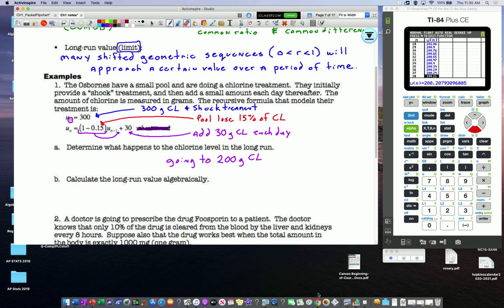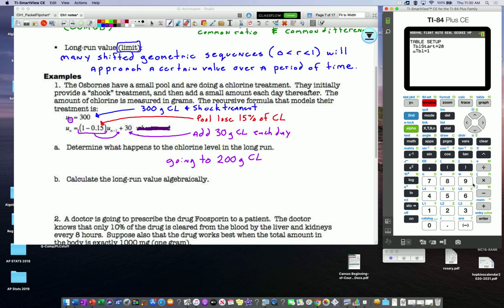And it does get smaller and smaller. In fact, if you want to go to the table set and say, all right, well, let's go to 100 days. Okay, go to that table. Entering 100, you can see, all of a sudden it just says 200. Now, technically, it's 200.00000. So it's getting smaller and smaller and smaller. But in essence, it's going to 200.